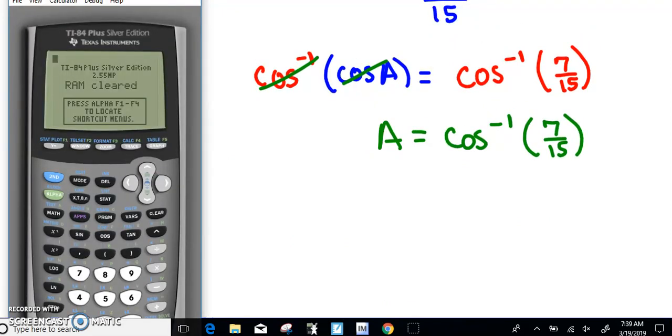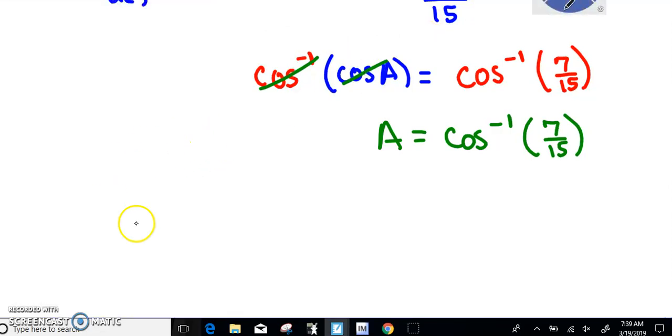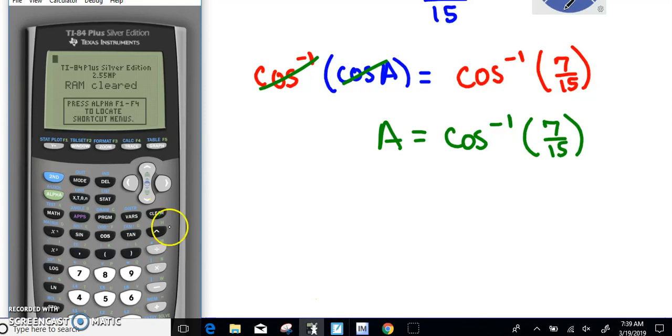So I pulled up my calculator, and I'm going to put in cosine inverse. If you look at it right here, cosine inverse is in blue. So when we put it into the calculator, we're going to do the blue button, second, cosine inverse.